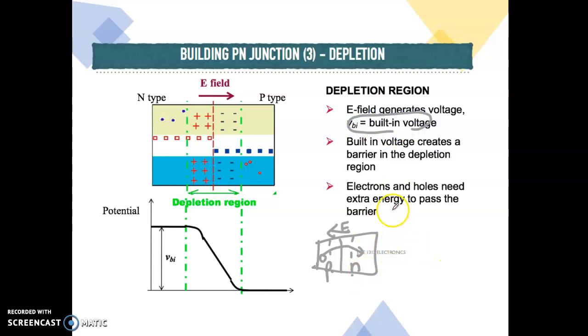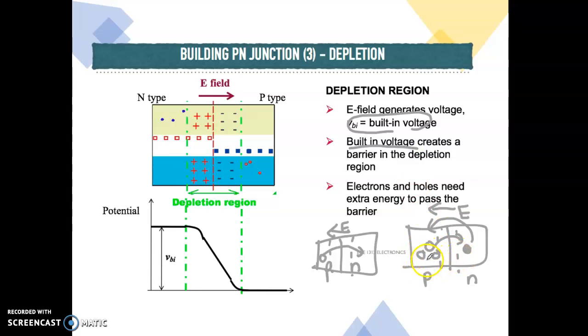Our aim inside your p and n type is for the hole here to move to the n-type, and the electron here to move easily to the p-type. But when this happens, there is some depletion here and it creates a force opposite to what you want. You want the hole to move to the right, but there is an opposite force that does not allow the hole to move. This is what we call built-in voltage.